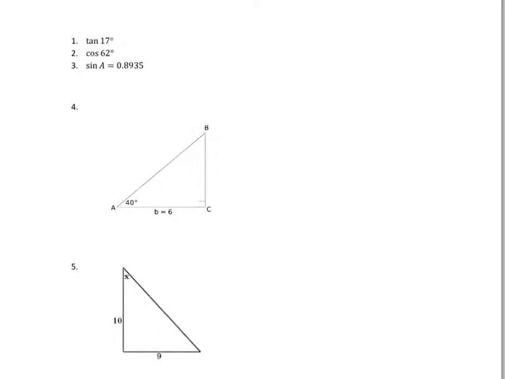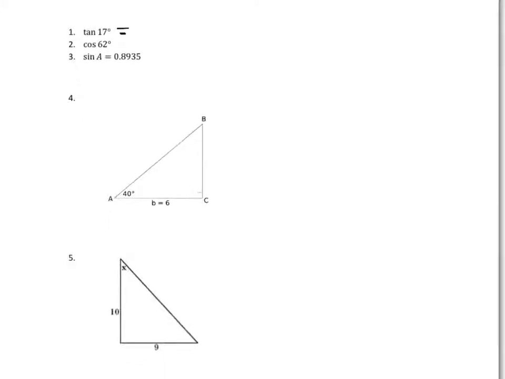Now, how to do this? Say you need to do the tangent of 17 degrees. Now that you're in degrees, you don't have to type degrees in anymore because it's already set. If you search around, you should see a sine, cosine, and tangent button on your calculator. To do the tangent of 17, find the tangent button and click it. You should see tan with a parenthesis.